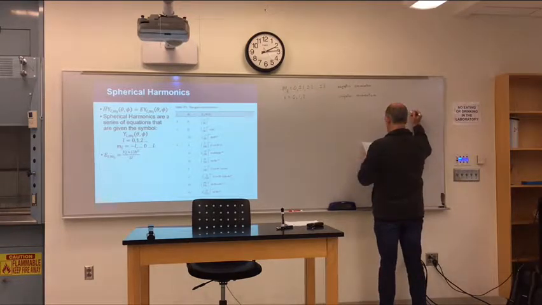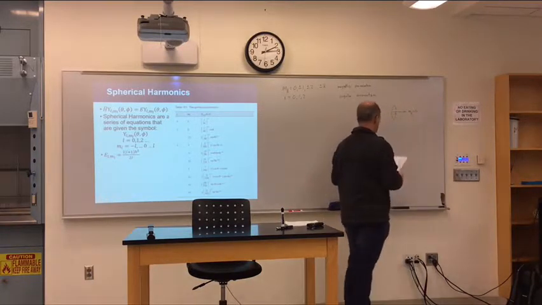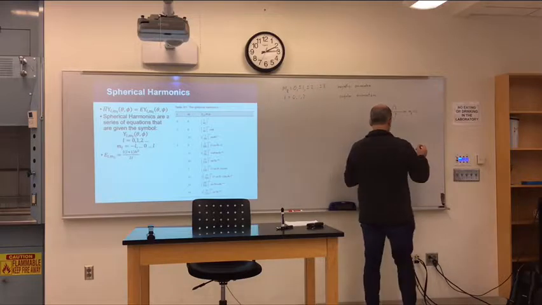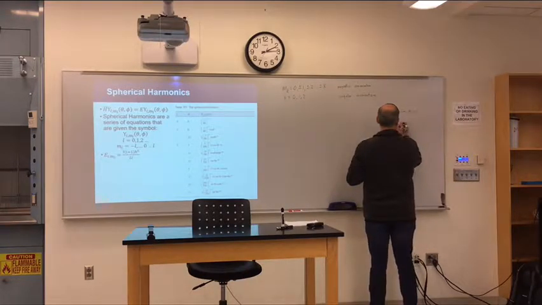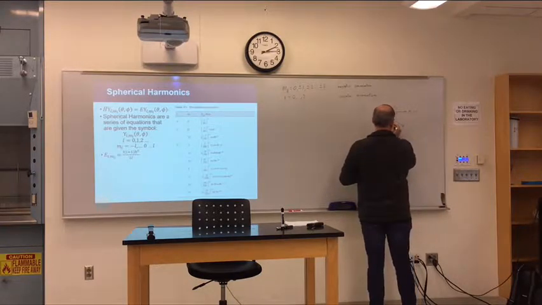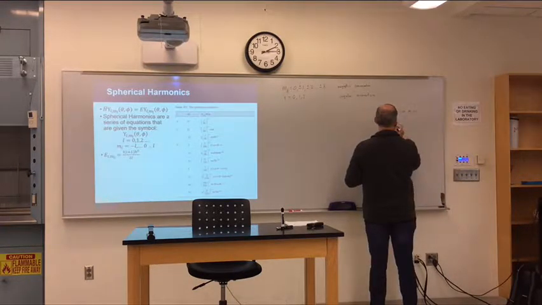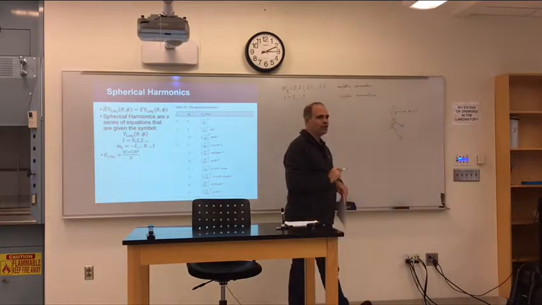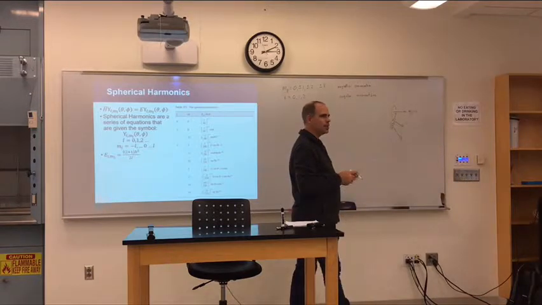So this is when ML is equal to 0. When ML is equal to -1, we point it down like this, and your spin would be going around that direction. ML equal to 2, like this. These are typically unit vectors, and people with better art skills can draw it such that they look that way.